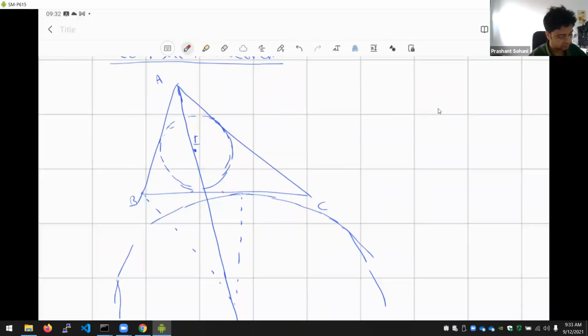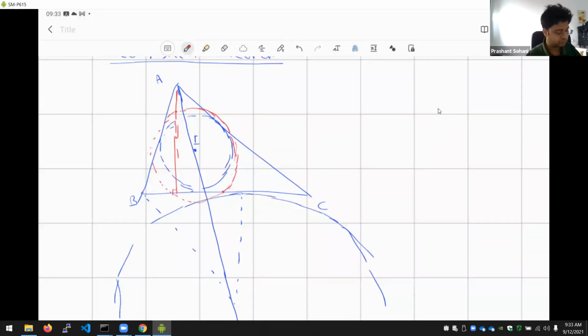So for example, if I just consider any two points on the 9-point circle, so I'm taking the midpoint of BC and the perpendicular here, and I need one more point. So this is the 9-point circle.